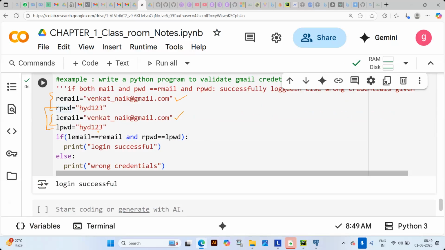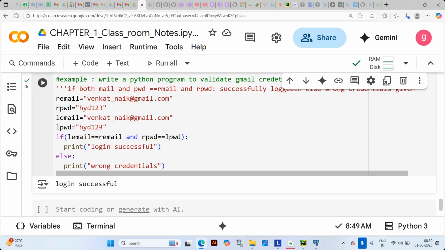So obviously this condition becomes true and this condition is also true. According to the logical AND operator, only when both conditions become true will this part get executed. If any one of them is invalid, obviously the else part will get executed.